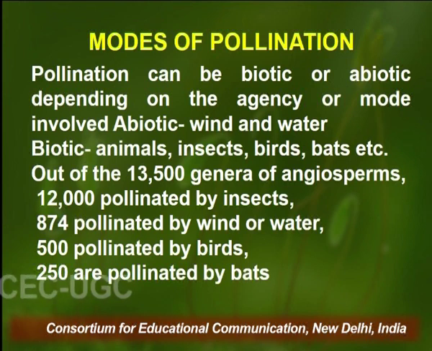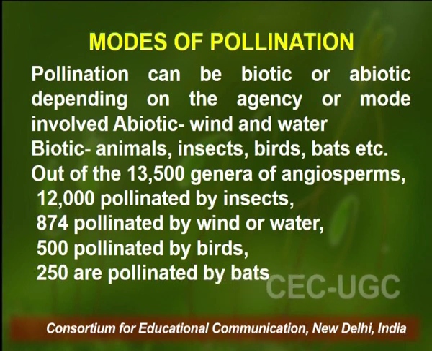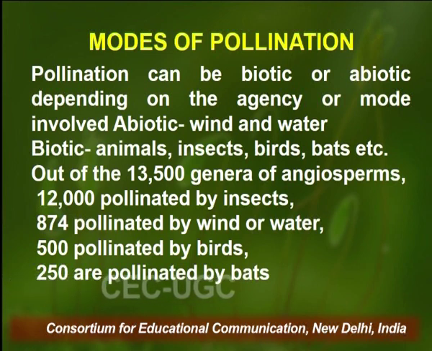Now, depending on the agency, if there is an abiotic agency, then the pollination can be aided by either wind or water. Biotic agencies can be many. These can be insects, and in insects too we have butterflies, moths, bees and beetles, and so on and so forth. Then there can be birds and bats. These are all biotic agents of pollination.